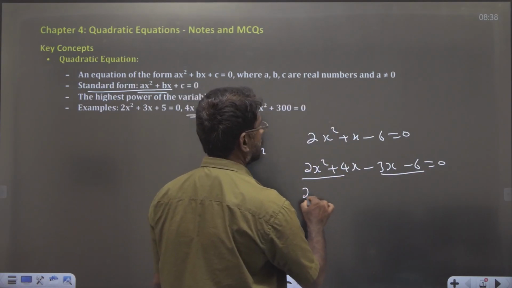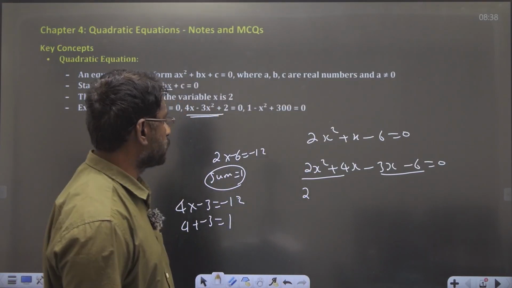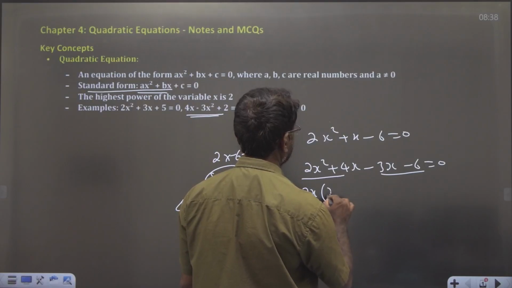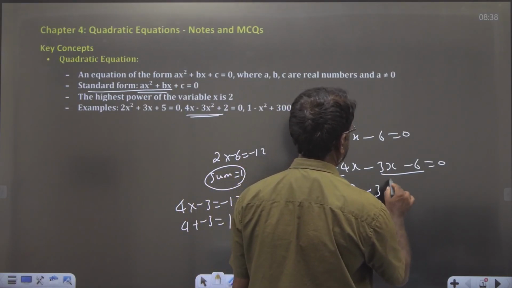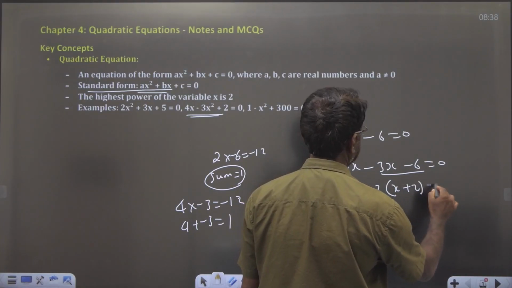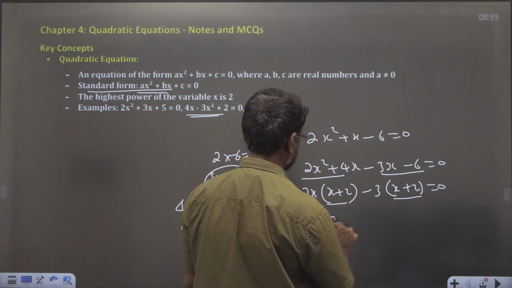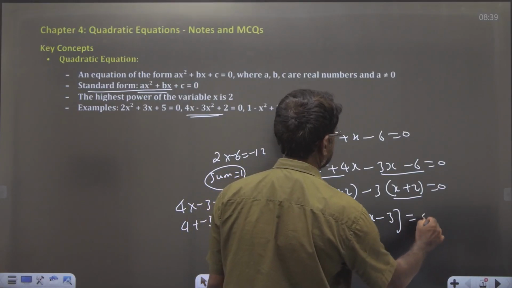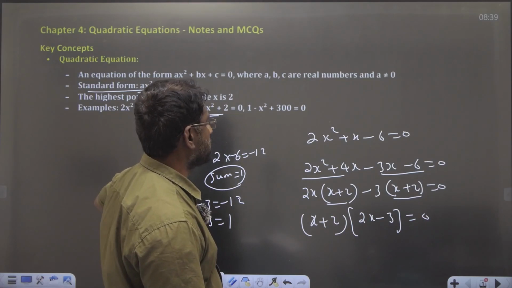Here 2x is the common factor: 2x into (x plus 2). Here minus 3 is the common factor: minus 3 into (x plus 2) equal to 0. Again x plus 2 is the common factor. (x plus 2) into (2x minus 3) equal to 0.